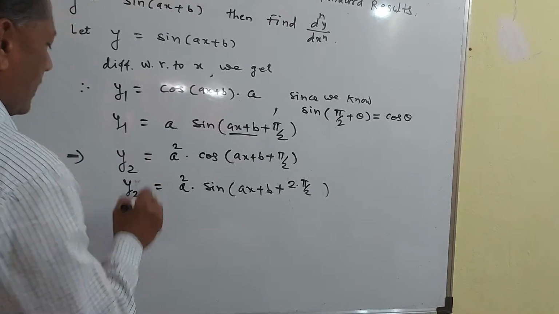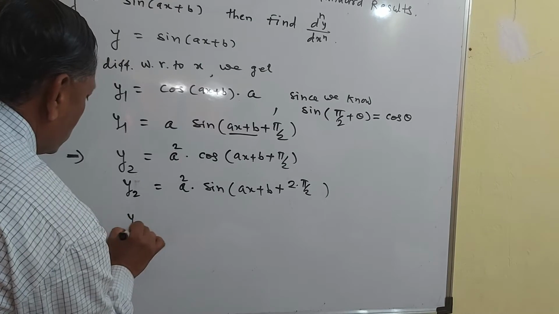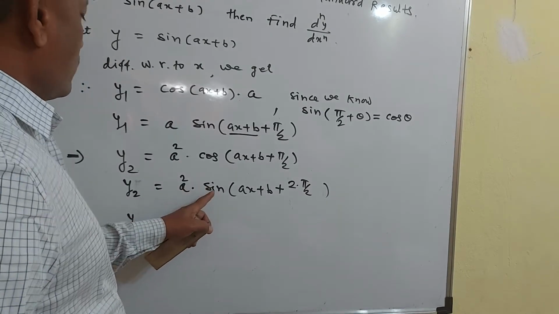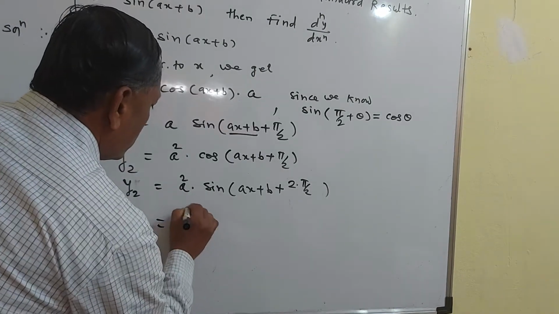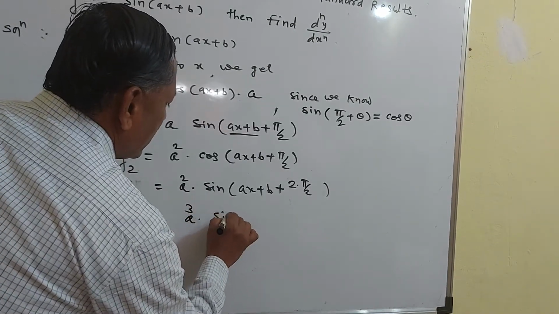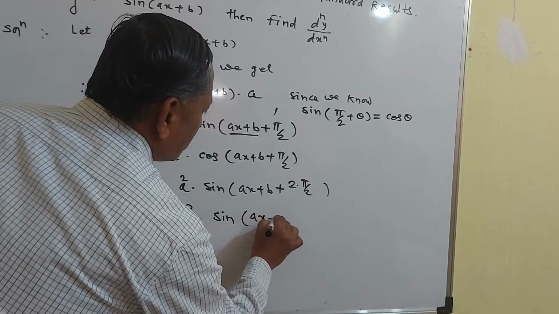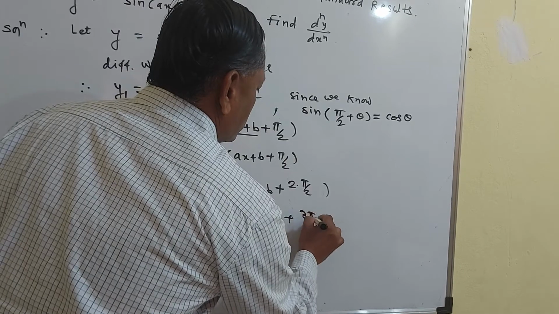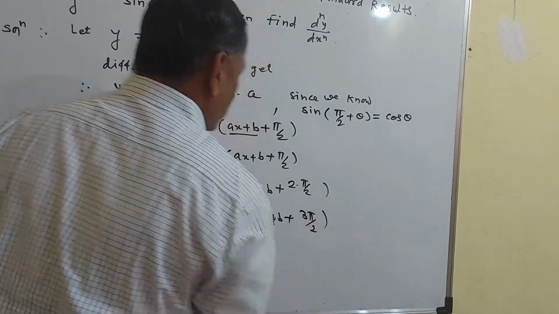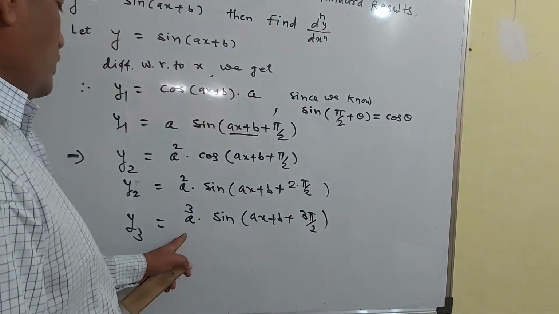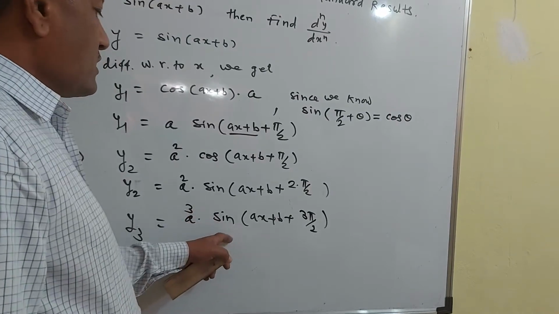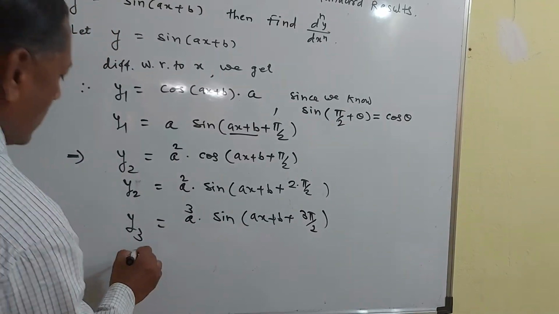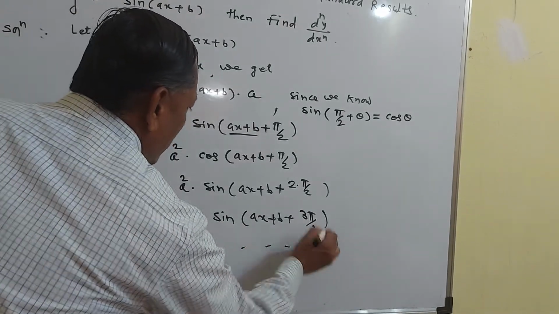Similarly, you get y3 is equal to a cube into sine of (ax + b + 3 pi by 2). Similarly, y4 is equal to a raised to 4 sine of (ax + b + 4 pi by 2), and so on.